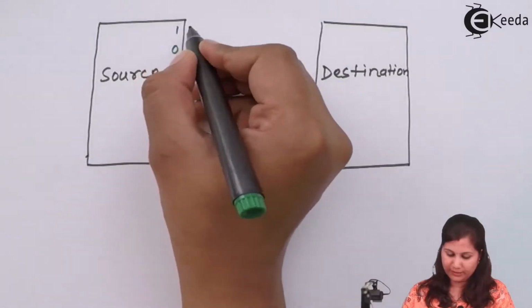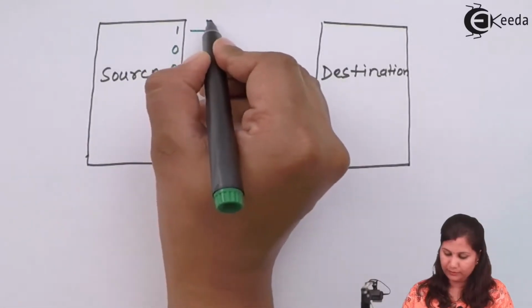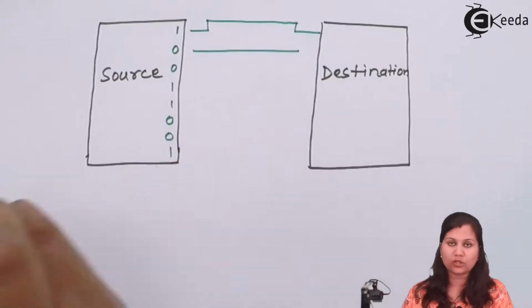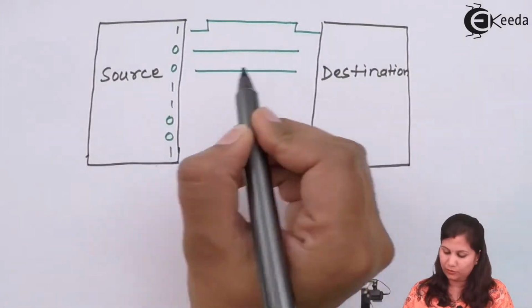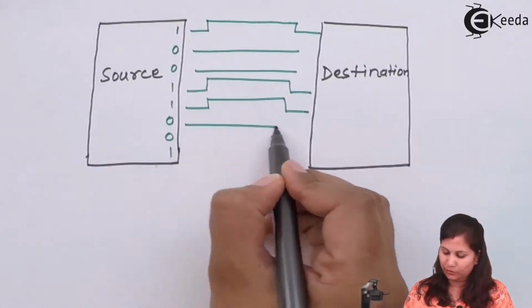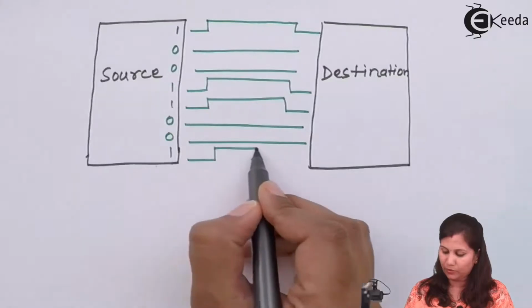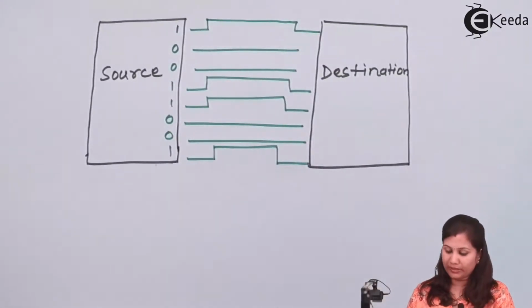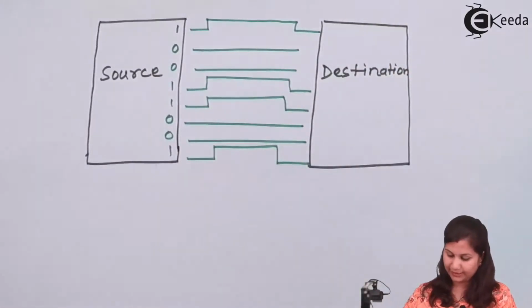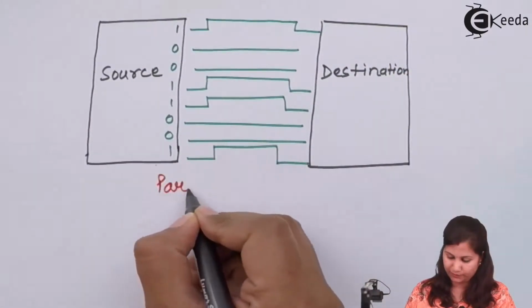The first bit is 1, so 1 will be transmitted. Second is 0, 0 is transmitted. Again 0, again 1, 1, 0, 0 and again 1. So in this way, all the 8 bits are simultaneously transmitted, and that is the case of parallel transmission.